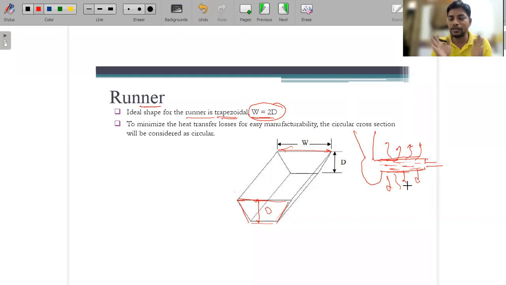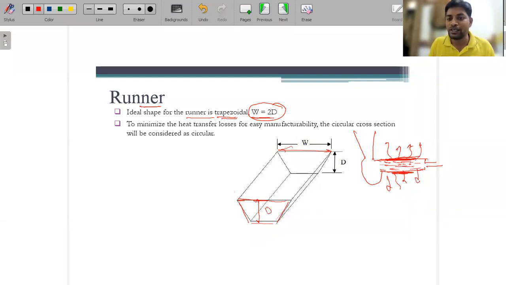The heat should be retained within so that the boundaries remain hot, and the temperature of the molten material in liquid form is retained. Only then do we flow it.